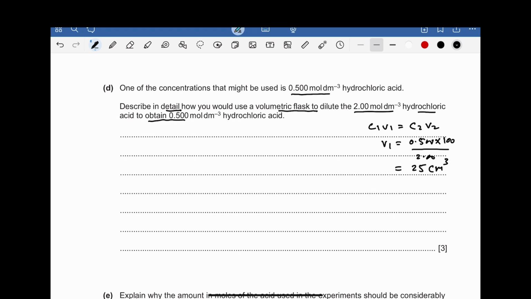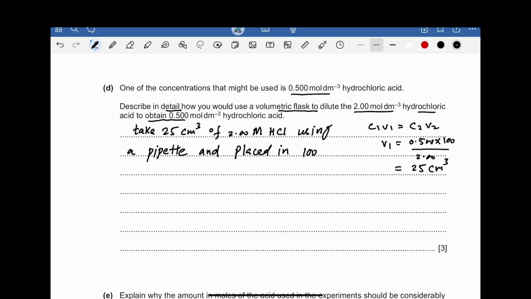So I can say take 25 centimeter cube of 2.00 mole per dm cube HCl using a pipette, and place it in a 100 centimeter cube volumetric flask.